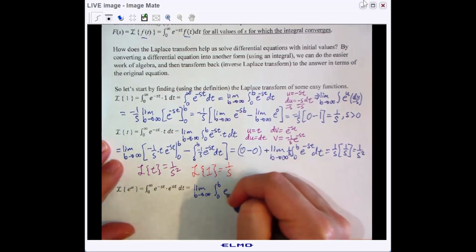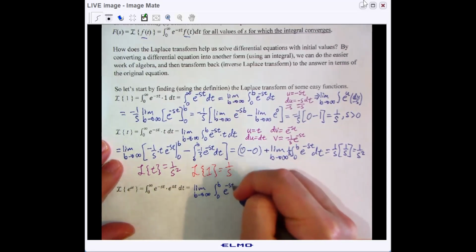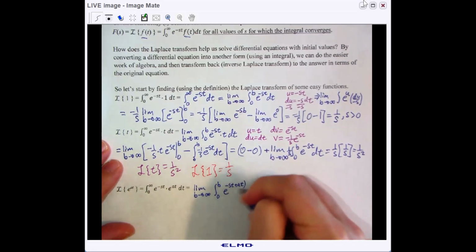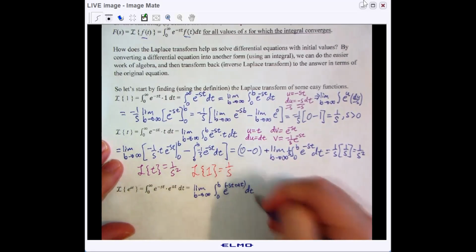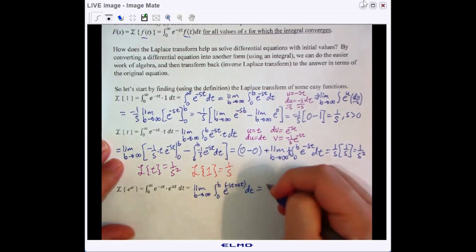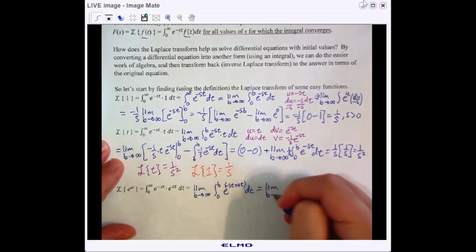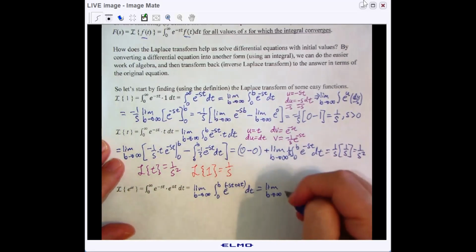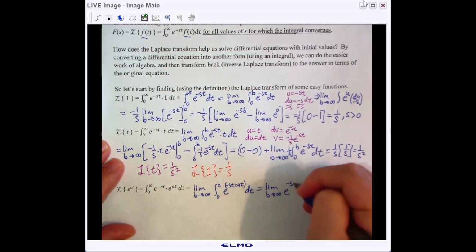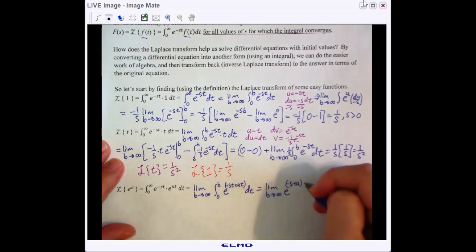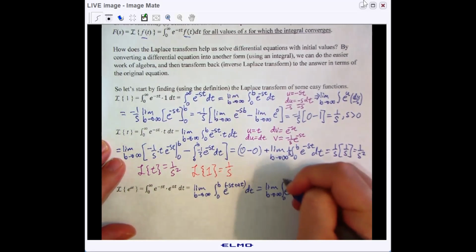So we'll have e to the negative st plus at dt, which I'm going to rewrite as, factoring out the t, e to the negative s plus a times t dt, and we're still doing the integral from 0 to b.